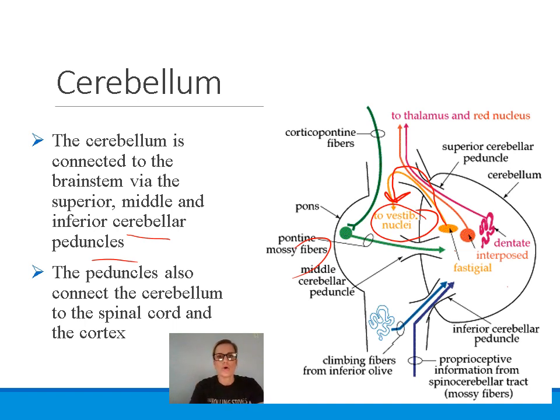There are also spinal tracts, right? So here you see information like proprioceptive information coming up from the spinal cord. Fibers coming from the olive nucleus in the medulla oblongata. Okay, so lots of fibers going into the cerebellum and then fibers exiting the cerebellum as well.